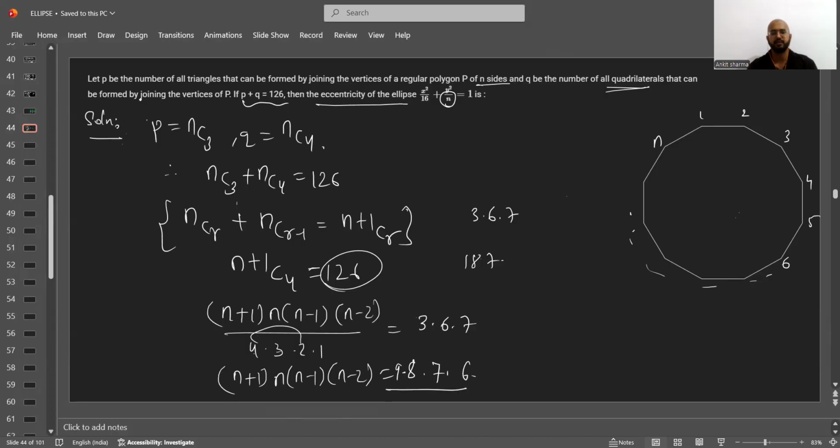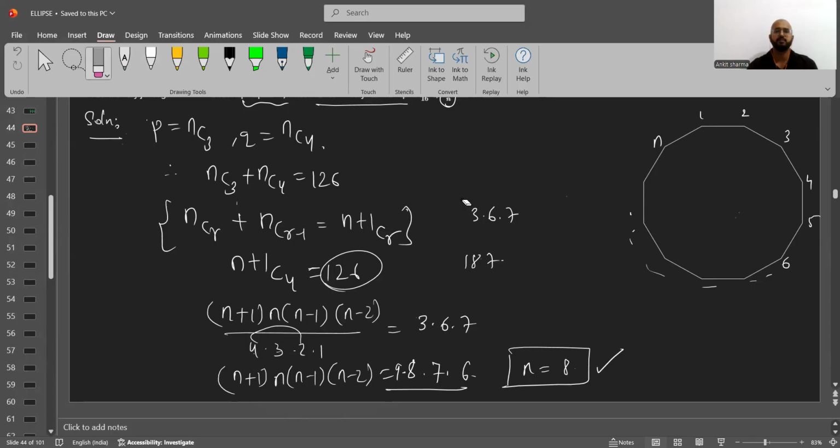If I compare here directly, then n plus 1 should be 9. Because if n plus 1 is 9, then the rest of them simply follow, since these are 4 consecutive numbers. So from here, n is equal to 8. If n is equal to 8, we want the eccentricity of the ellipse.